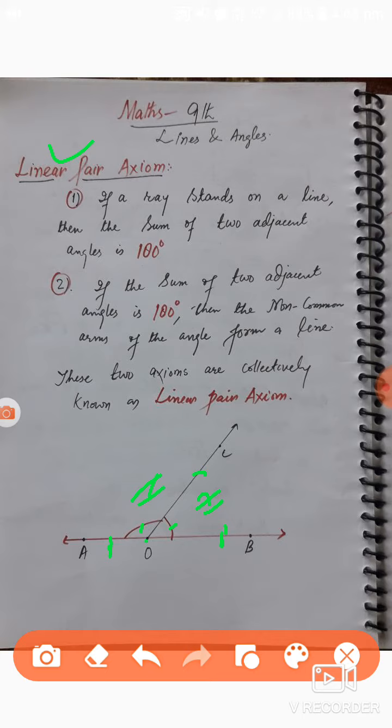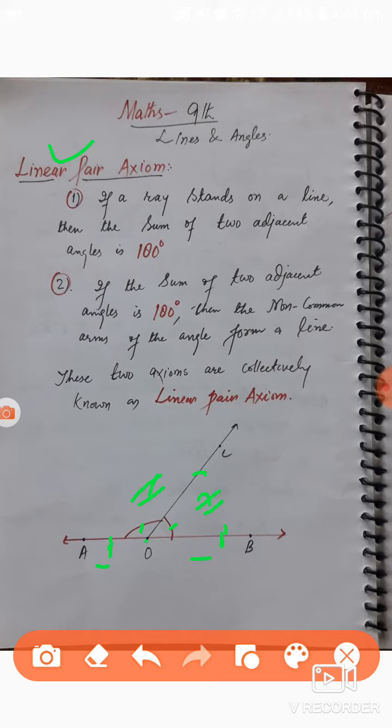Now these two angles are said to form a linear pair if the non-common arms form a straight line. So over here we see that non-common arms AO and OB of the angles form a straight line, so these form a linear pair.